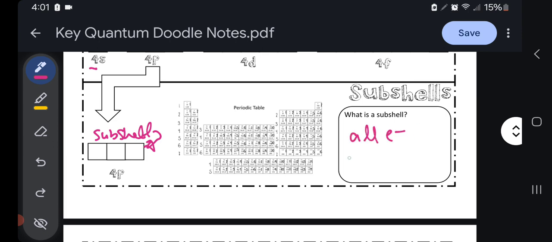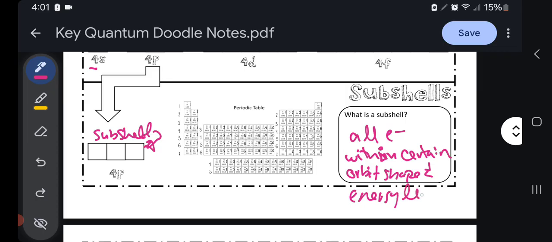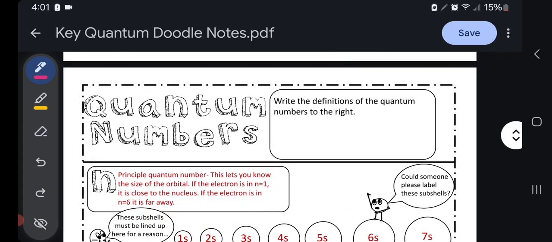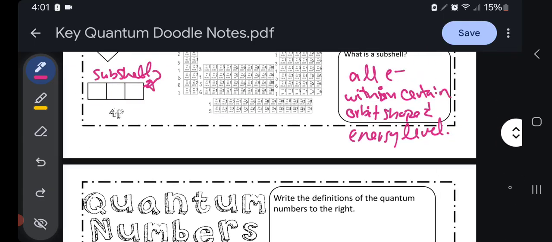So all electrons within a specific orbital shape and energy level. Alright, and that's the key.